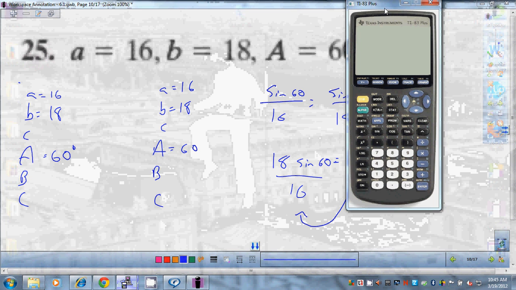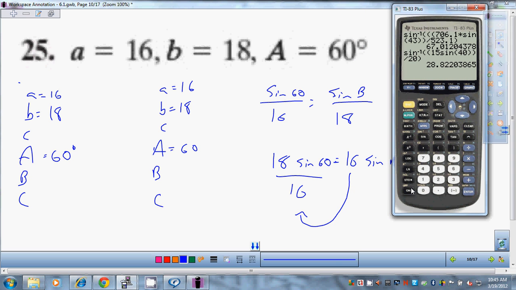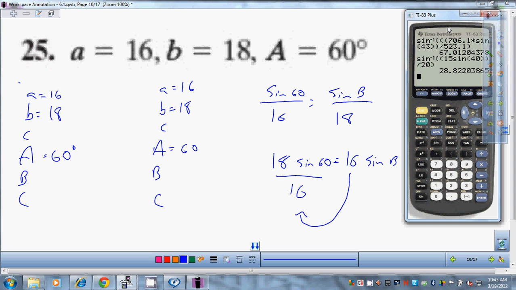Now, which answer is my calculator going to give me? The obtuse or the acute? That's right. It'll always give you the acute one. All right, so 18 sine, sine inverse, since I just want to do it all at the same time. Oh, did you already find it?